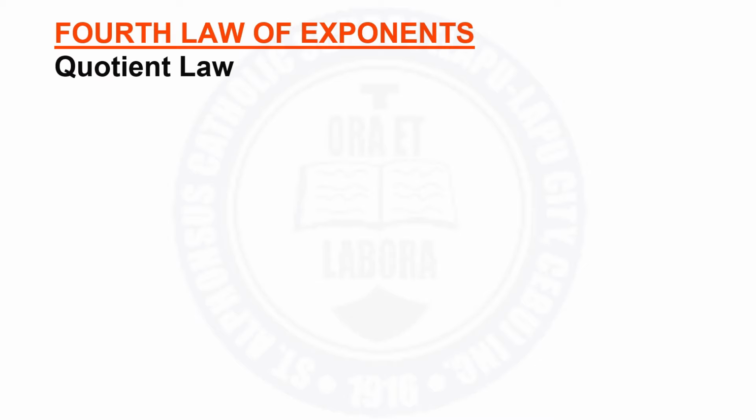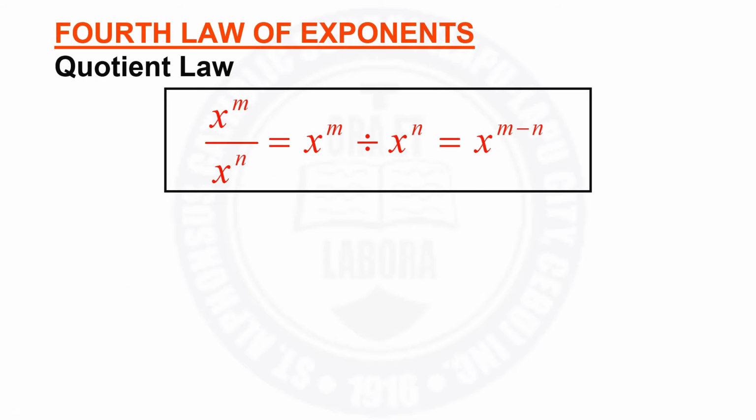The fourth law of exponents, which is the quotient law. We have here x raised to m divided by x raised to n is equal to x raised to m minus n.